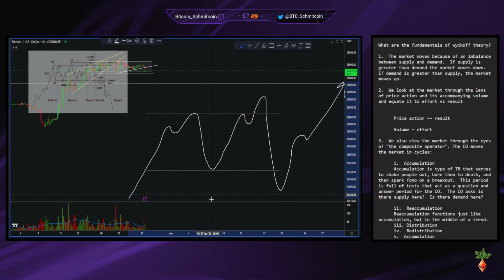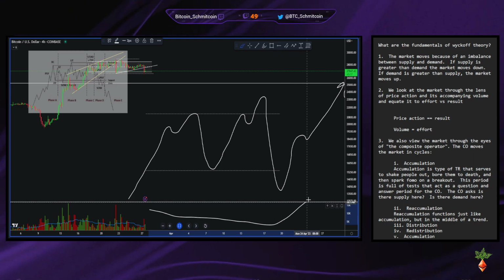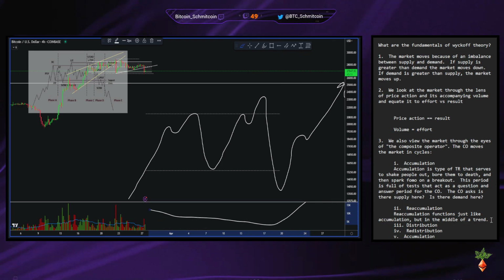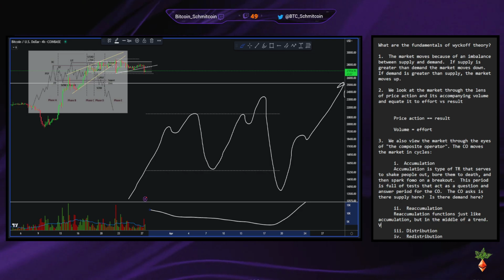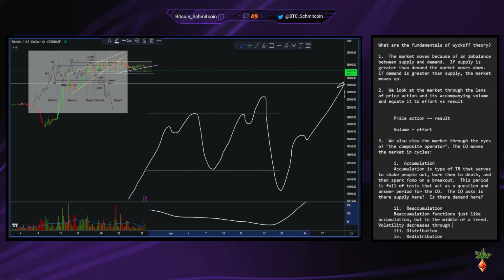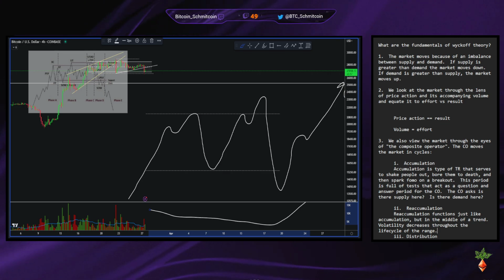So it has a general structure like this, and again, the volume tapers down, and then bam, expands again. Volatility decreases throughout the life cycle of the range.